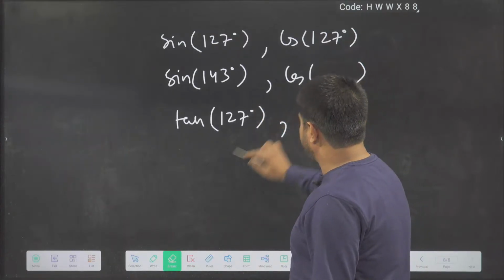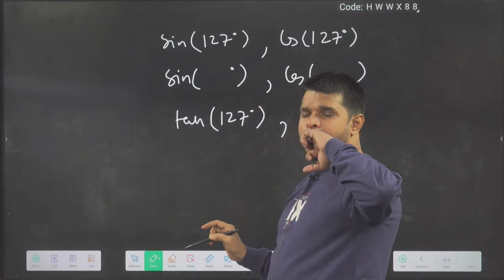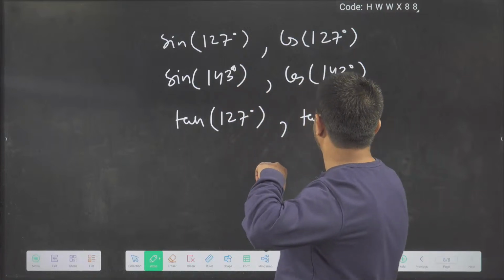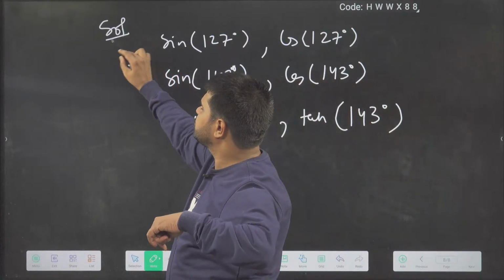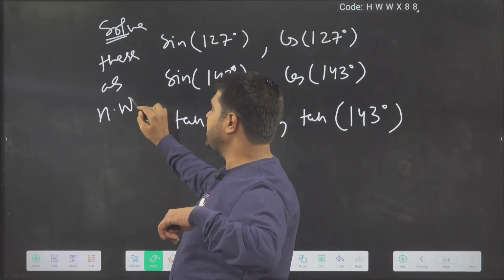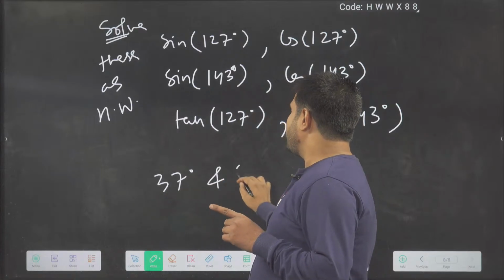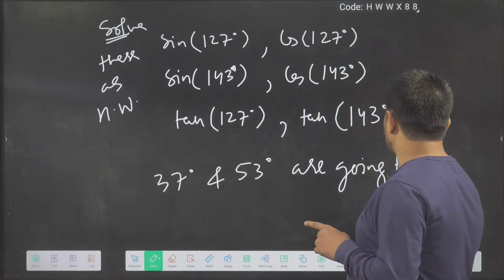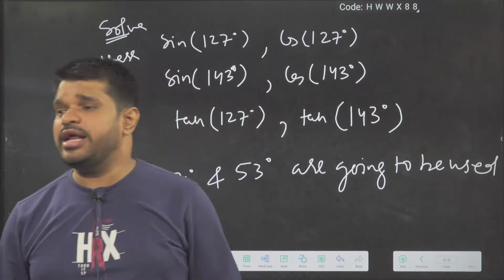Here, not 143. Sine 143 degree. Cos 143 degree. Tan also 143 degree. Solve these as homework. Hint I am giving. 37 degree and 53 degree are going to be used. That is the hint. Okay. Now any other doubt?